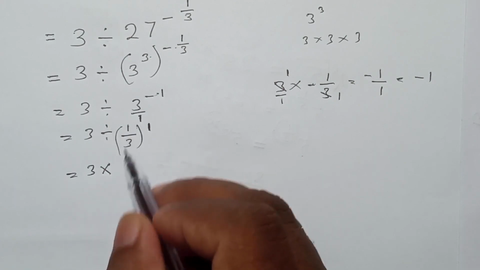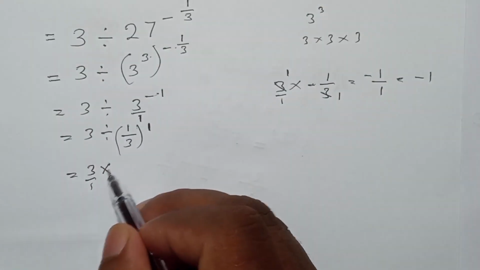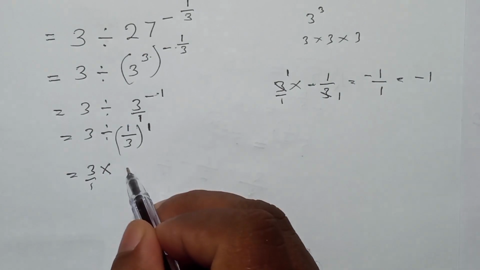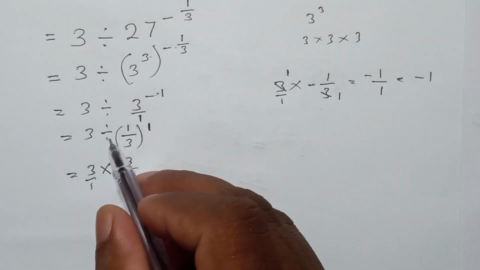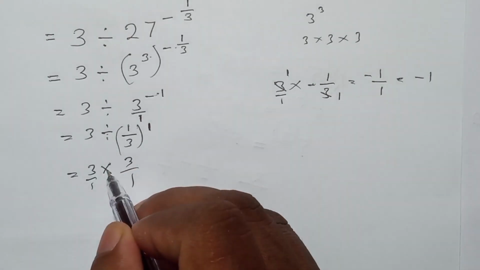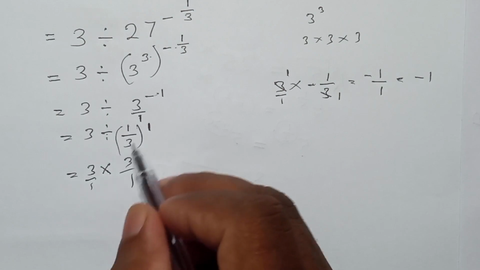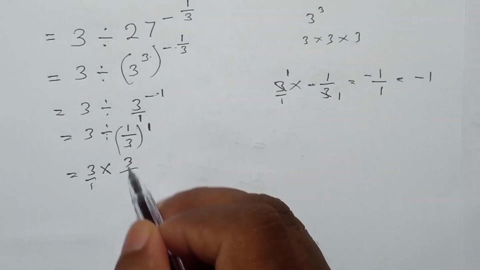So here 3 over 1, the division changes to multiplication, and you need to get the reciprocal. Here 1 over 3, because this division I change to multiplication, then I need to get the reciprocal of the second fraction. So 1 over 3 becomes 3 over 1.